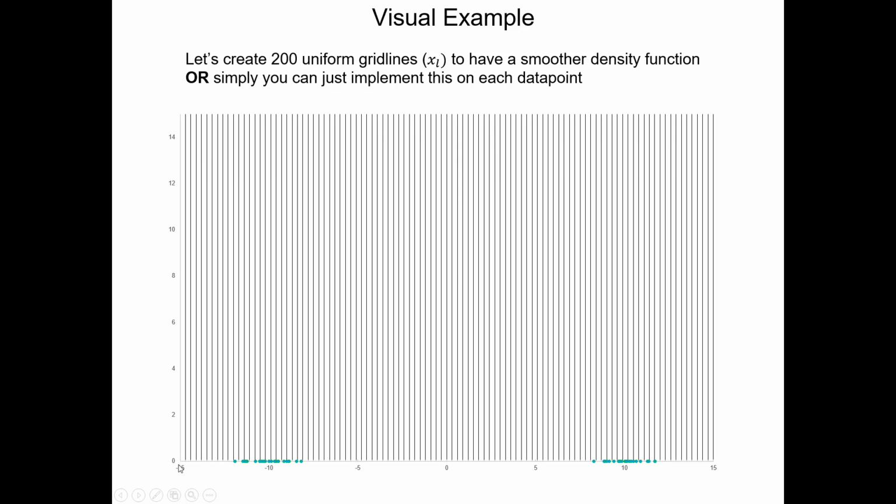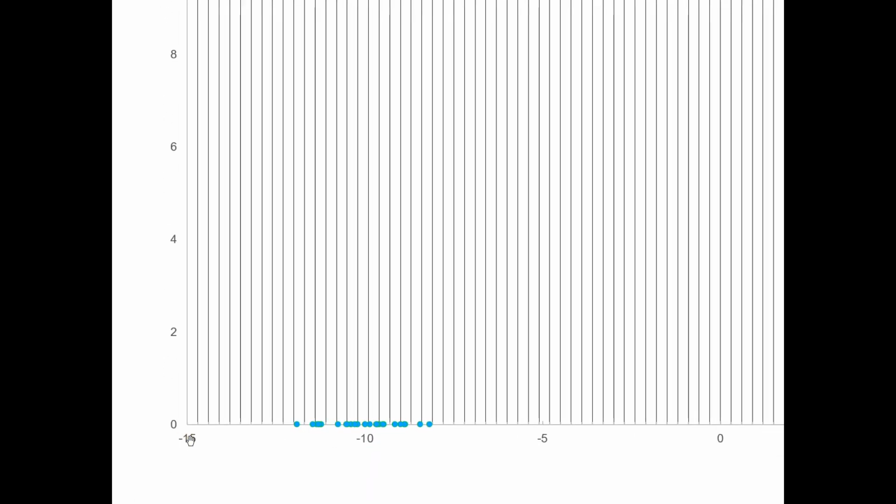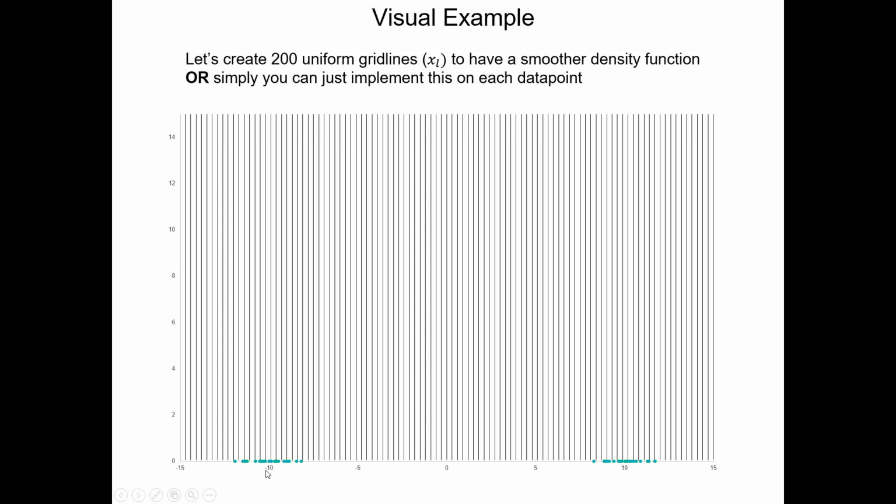I'm using negative 15. Why did I do it? Again, you've got to start from some safe range. You should not start from exactly your minimum point. You also have to end with a safe range beyond your maximum value. Okay.